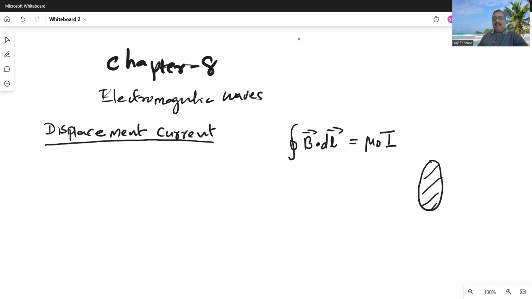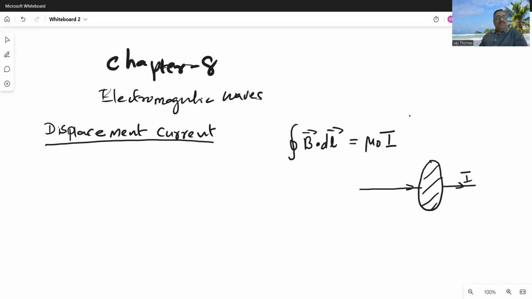A current is passing through it. The closed integral of B dot dl, known as the line integral, equals mu 0 times the current. This we learned in the fourth chapter. This is Ampere's circuital law.